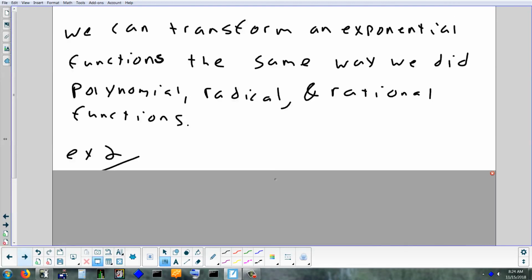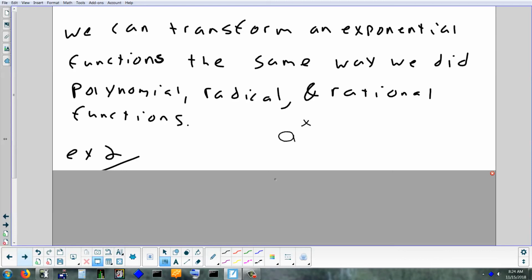Okay, so we can transform exponential functions exactly the same way we've transformed every other function all year. There's nothing different at all. So let's just write out the different letters and what would happen. All right, so let's say I had a to the x.